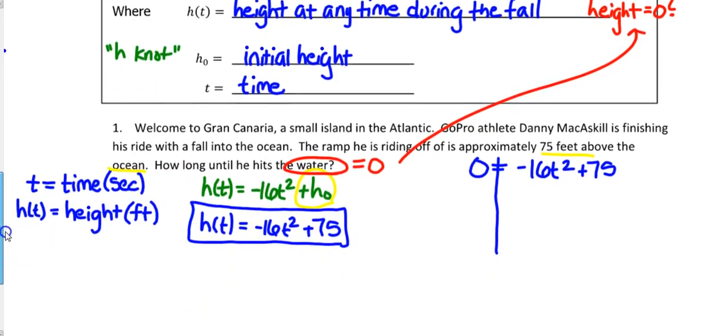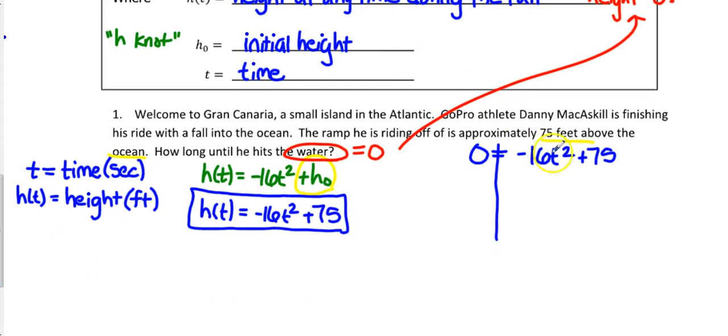And from here, we'll be using our skills that we've been practicing to solve by square roots. I have no middle term. See how there's no plus 8t or minus 6t in the middle? So I can solve by square roots. Remember from our prior knowledge learning these past couple days, our first step will be to isolate this t squared. So I'm only looking at the right side. I'm going to ask myself, is there something I could add or subtract?